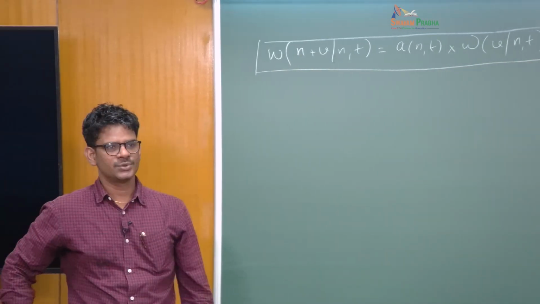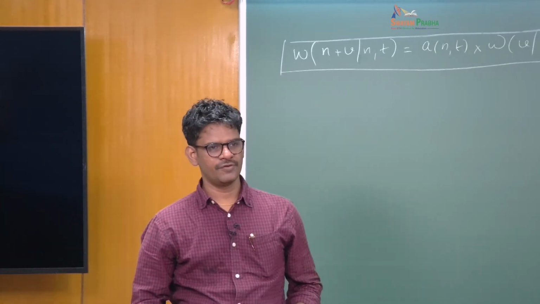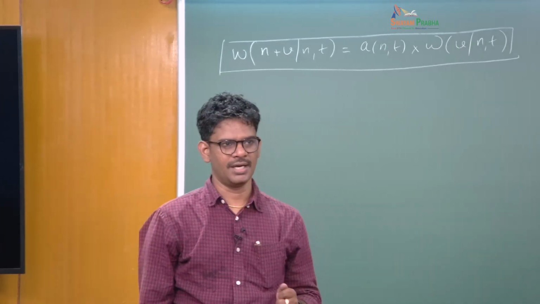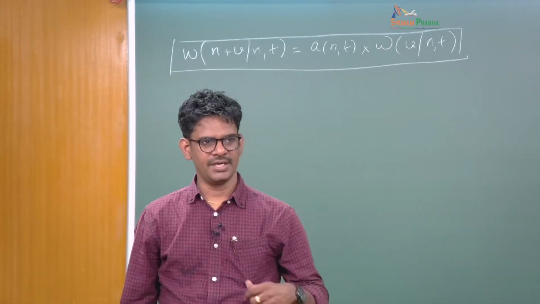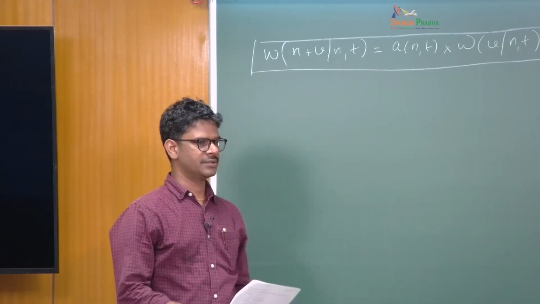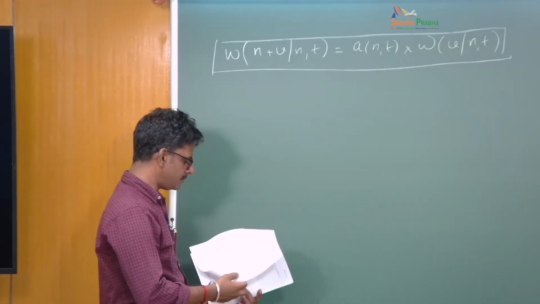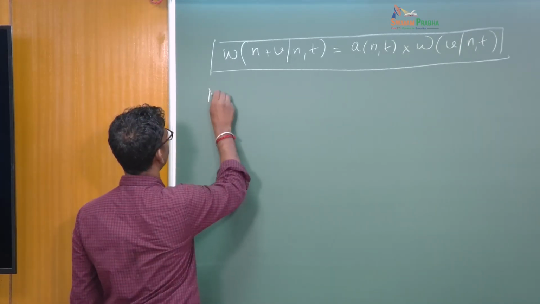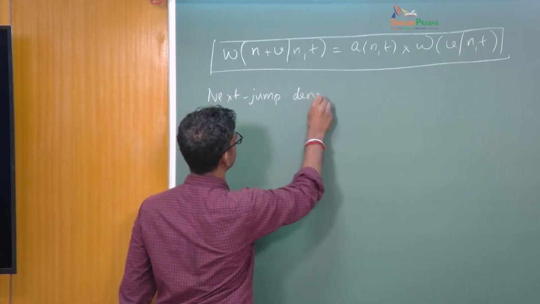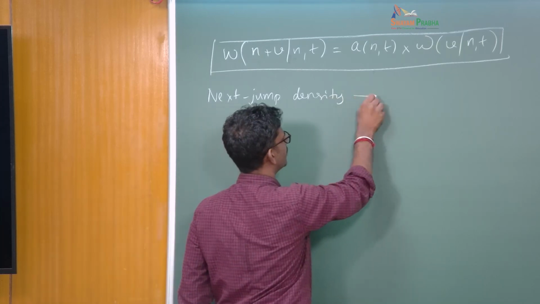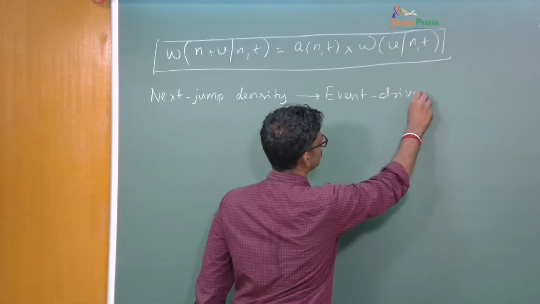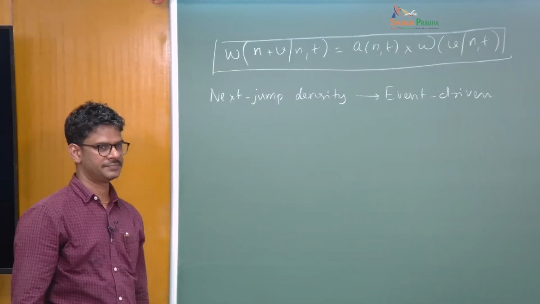Now, as we discussed in the last class, we try to reformulate this problem by asking what is the time at which the next event will happen. The next jump or the next event time has a particular distribution, so we talked about the next jump density. Basically, here we are thinking about an event driven approach, asking when the next event will happen.